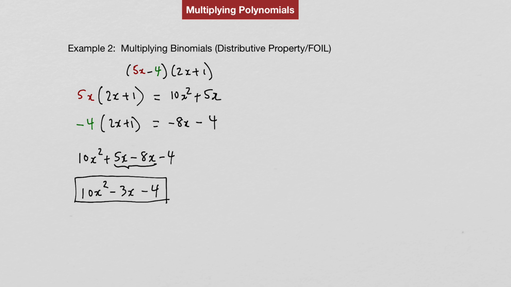So using the table method and the distributive property takes a little bit of work, but there is another way. It's similar to the distributive property method. Another way is called the FOIL method. And the FOIL method is an acronym for the following.